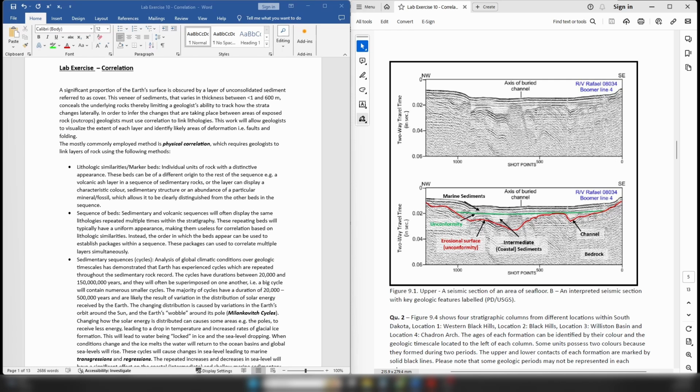Now, obviously, because these rocks are not accessible to geologists, it makes it very, very difficult to link the strata from one location to another. I mean, if there was no cover, you would simply be able to walk between the two locations and carefully mark out what's happening to the rocks. However, that's not something you can actually do.